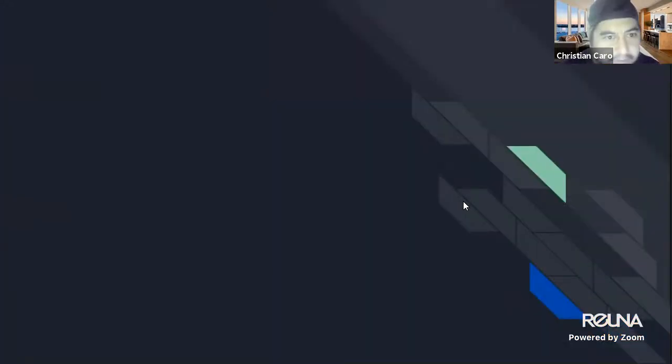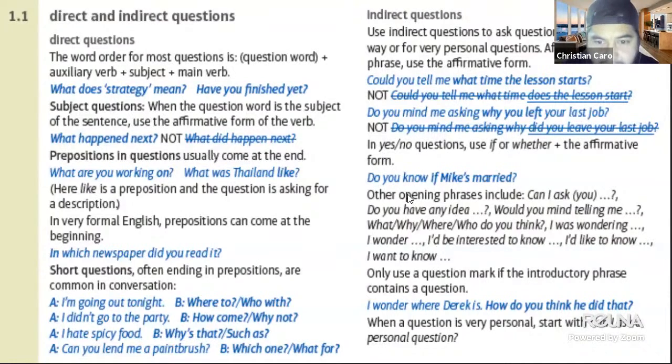Let's continue. This is pretty much more explanations and more examples. You can see in this section other opening phrases include, can I ask you, to start an indirect question? Do you have any idea? Would you mind telling me? What, why, where, who do you think.